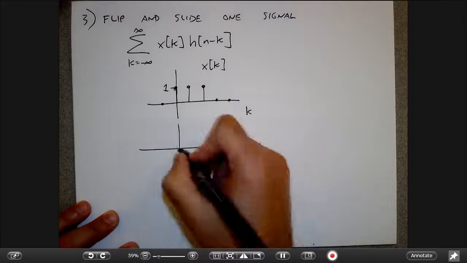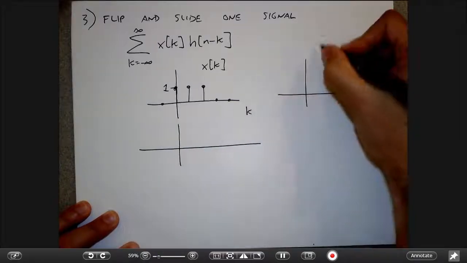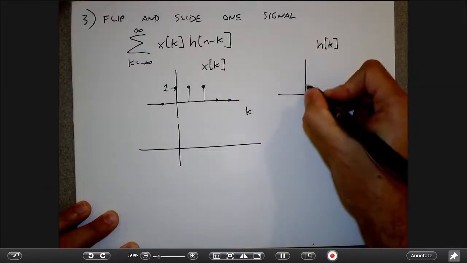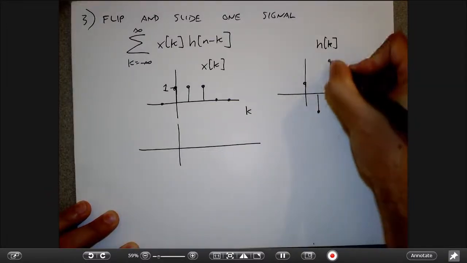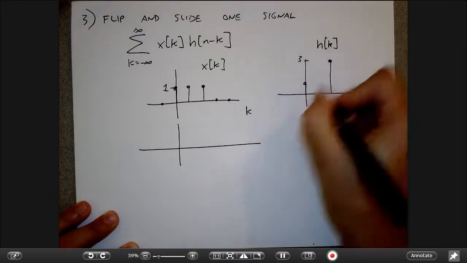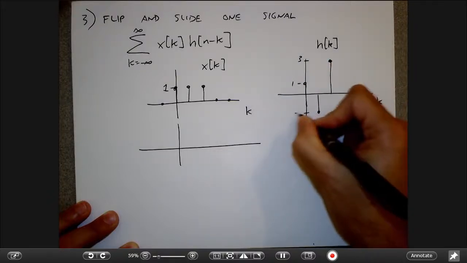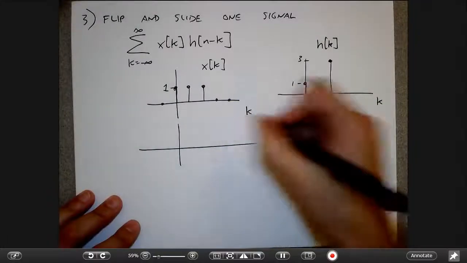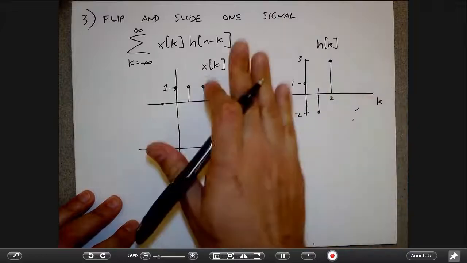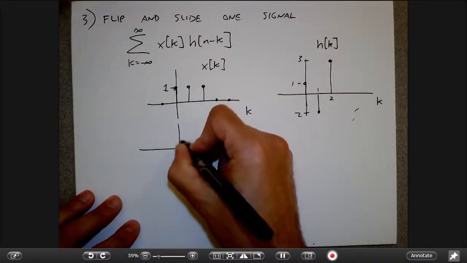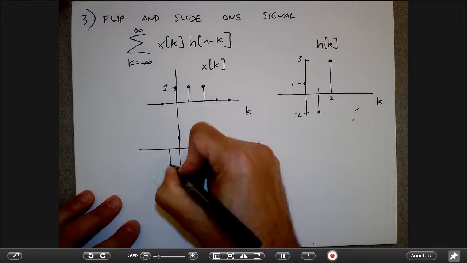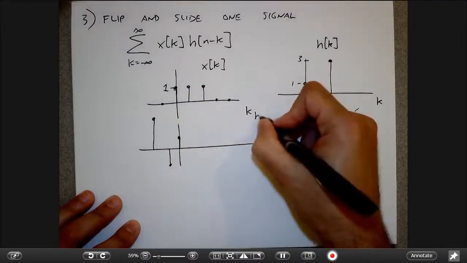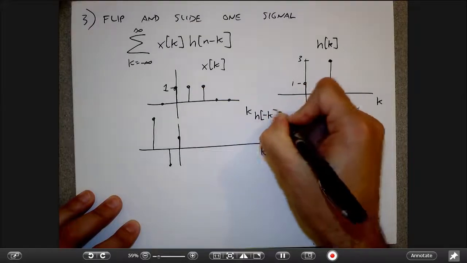Let's remember what h of k looks like. So h of k by itself looks like this: 1, minus 2, 3. Okay. So h of minus k, for example, looks like this thing reflected across the axis. And so h of minus k looks like the mirror image of h of k. So as a function of k, this is h of minus k.